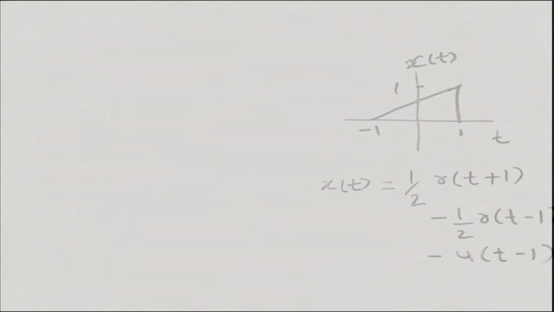So this is the required mathematical expression, and in order to decompose the signal into even and odd, we know that the even component is given as x(t) plus x(-t) divided by 2. We simply will have to substitute the values here.